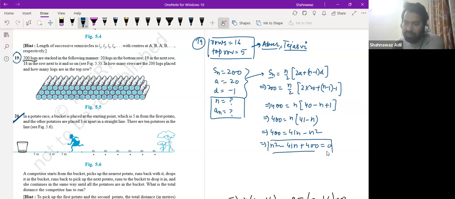Now there are two methods: one is the quadratic formula and the other is middle term splitting. Which one would be easy, Amar?